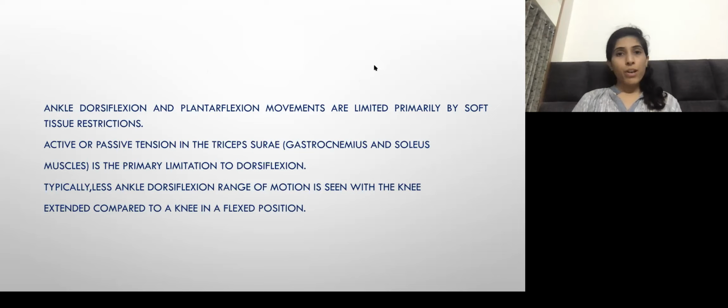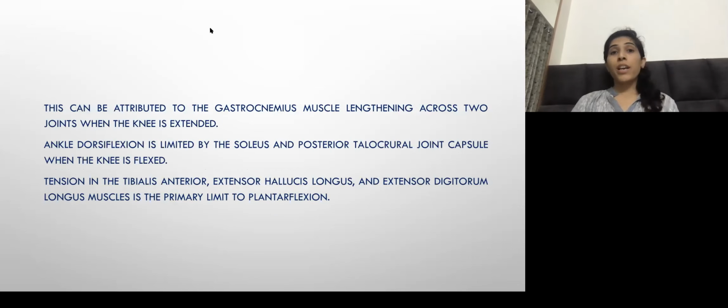As we all know, the gastrocnemius muscle has to get lengthened over two joints, so it won't provide sufficient force, which is another word for passive insufficiency, right? The ankle dorsiflexion is limited by the soleus and the posterior talocrural joint capsule when the knee joint is in the flexed position.